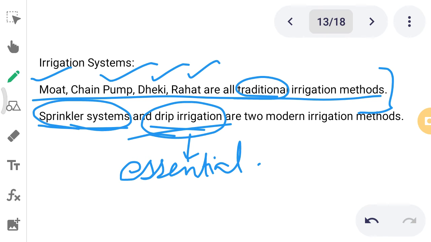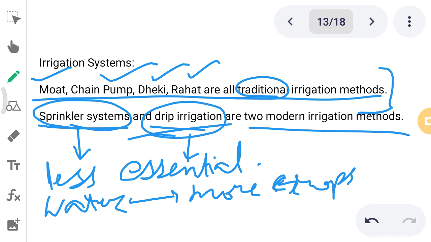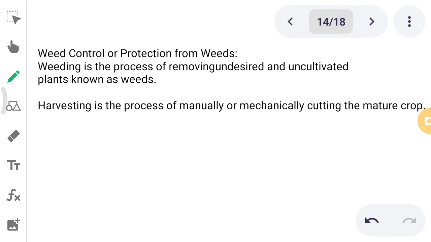Sprinkler systems also play a very helpful and important role because with less amount of water, more crops can be irrigated. So these two are modern irrigation methods.